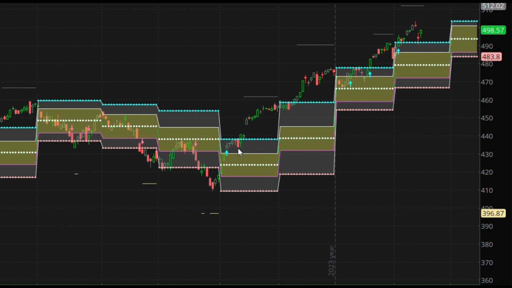How do we trade? Every time price closes above the 1.5%, the next day we buy. Similarly, every time price closes below the 1.5% of the monthly middle, we sell.